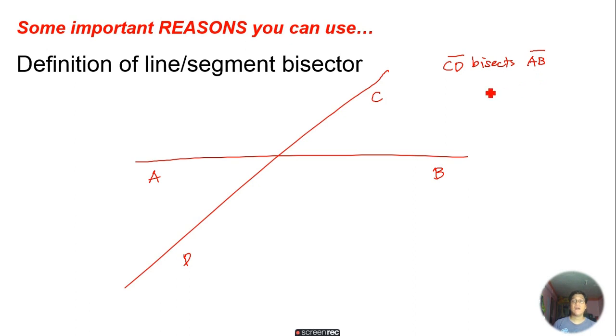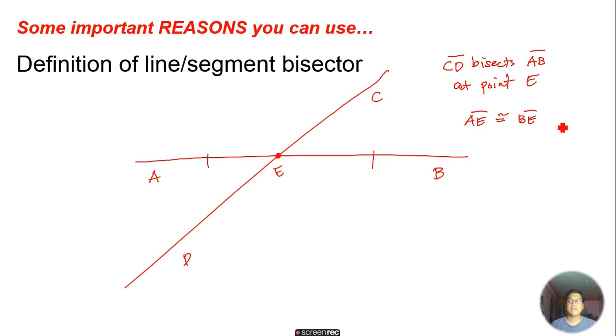What does the segment bisector do? It also divides the segment into two congruent parts. So this one will be congruent to this one. CD bisects AB at point E, so we say that side AE is congruent to side BE.